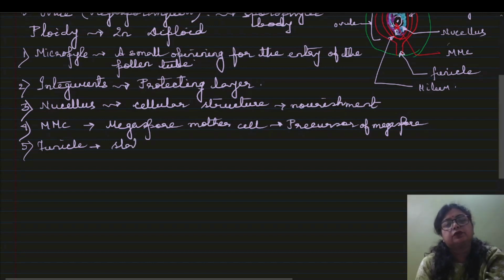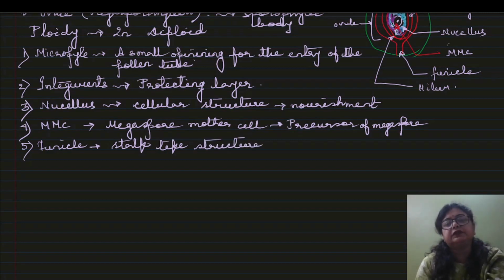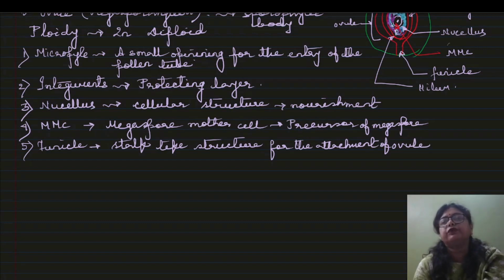And then comes the funicle, a stalk-like structure for the attachment of the ovule. So students, the ovule is attached to where?